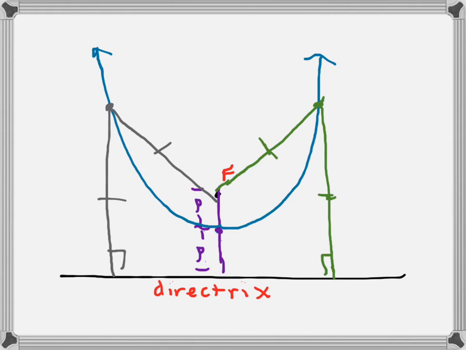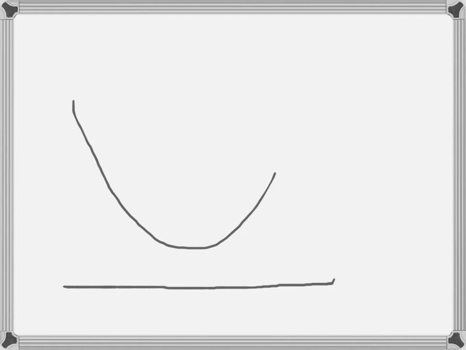And again, my drawing's terrible. So I'm going to just move screens here and show you in just a second how we can actually derive the formula of the parabola using the distance formula. There's my focus.